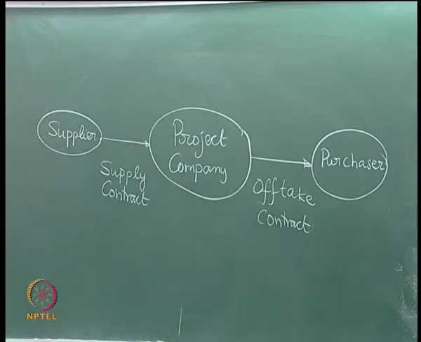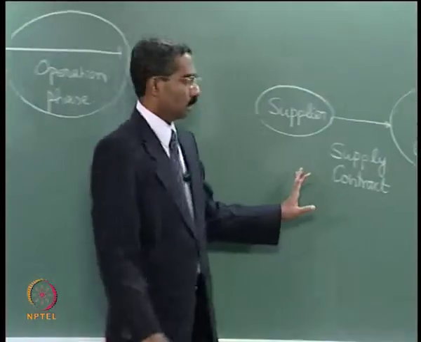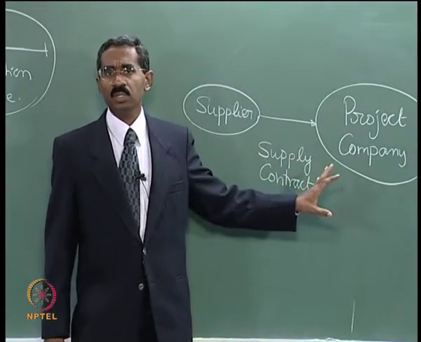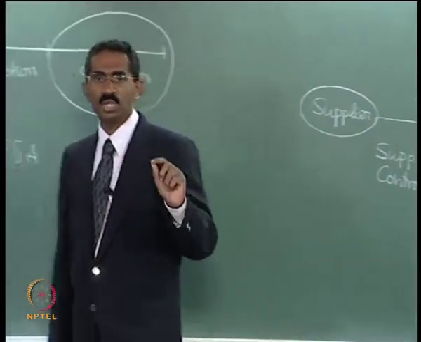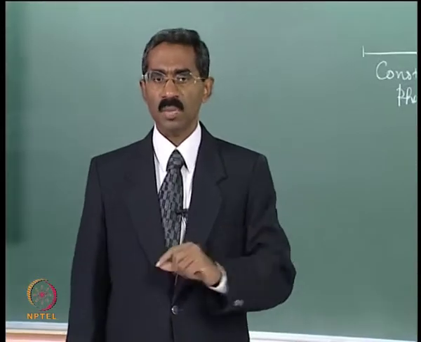What are the different types of supply contract? Broadly it can be classified in 3 categories. One is your take or pay contract. Okay. So according to the take or pay contract, the project company is obliged to take a fixed amount of supply from the supplier.